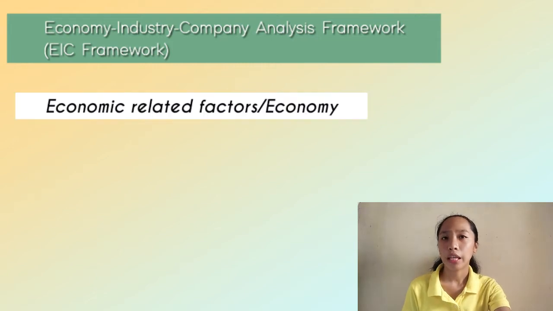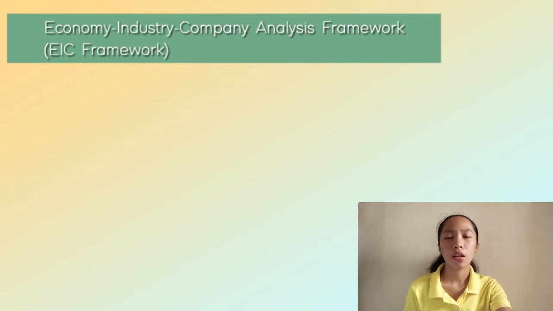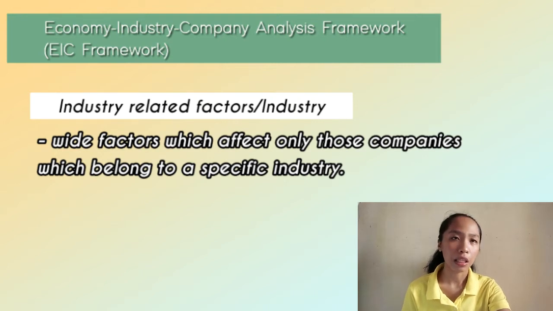Economic-related factors are wide factors such as the growth rate of the economy, inflation rate, foreign exchange rates, and so on, which affect all companies. Industry-related factors are also wide factors such as the demand-supply gap in the industry, the emergence of substitute products, changes in government policy relating to the industry, and so on.